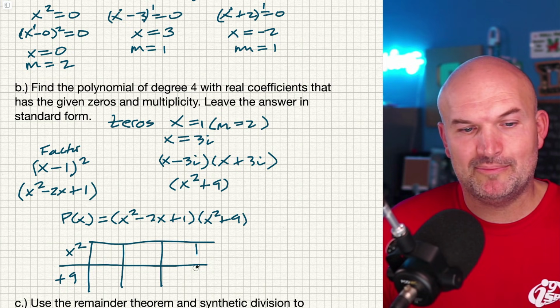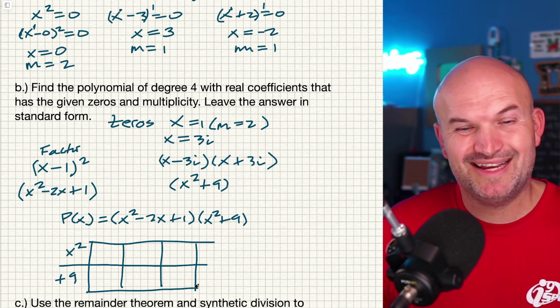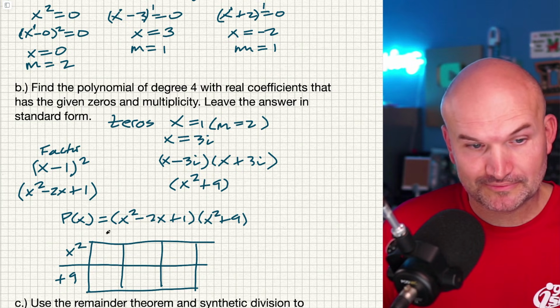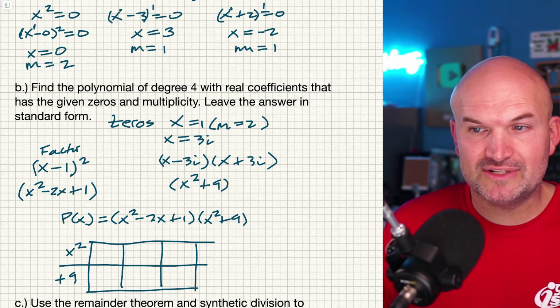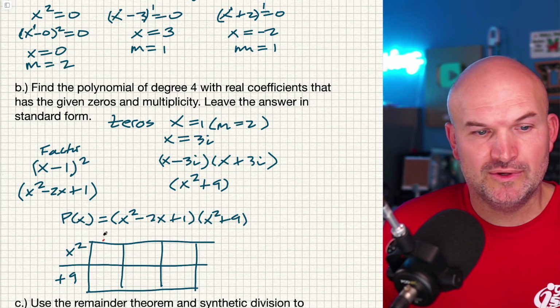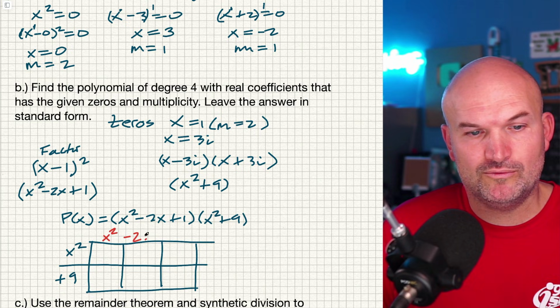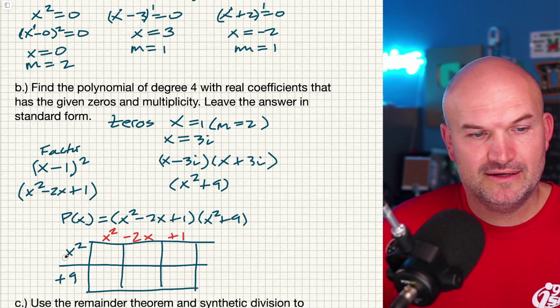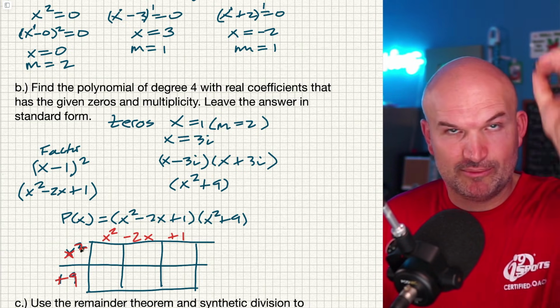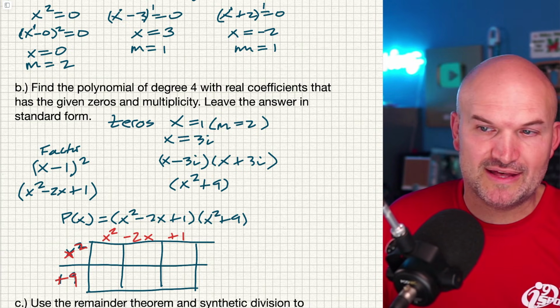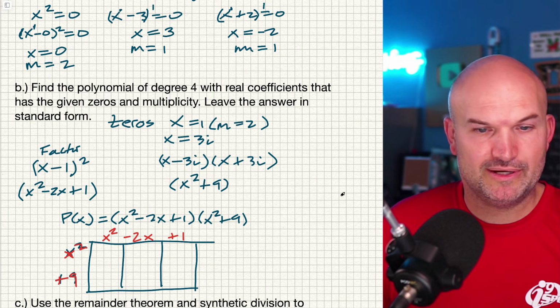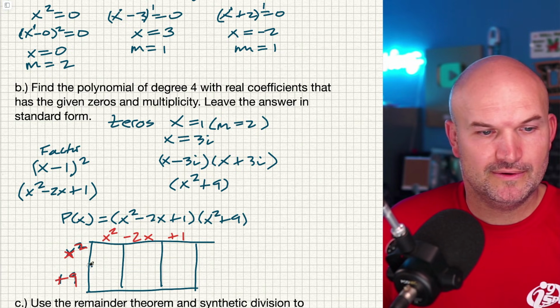It's just something I prefer to do. You don't have to do it this way. It does take a little bit longer, but it is so much easier to visualize where and if I make a mistake and to correct my answers. So you take one polynomial on this side and one polynomial on that side.